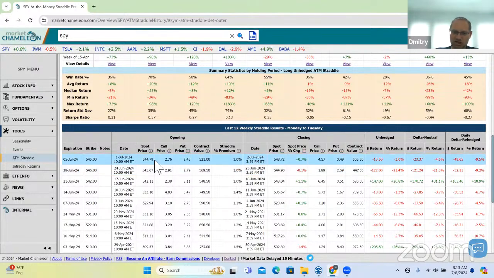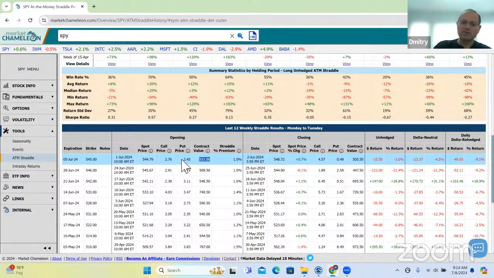Right? We see what the stock did. The stock was 544.79. The stock ended at 548.72. So it gained a little bit less than a dollar. The straddle, well, here's the call price and the put price, 276 and 245. Right? It tells you here the strike, 545 strike.